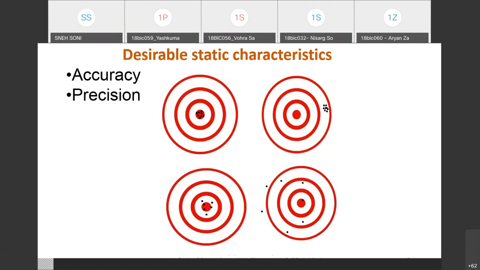And what about precision? What is precision according to you? The close values that are not accurate but similar. I'm not understanding what you want to say. What about precision?